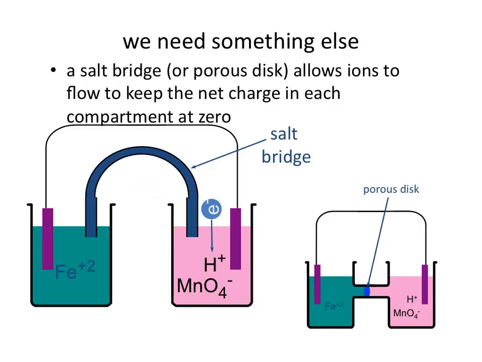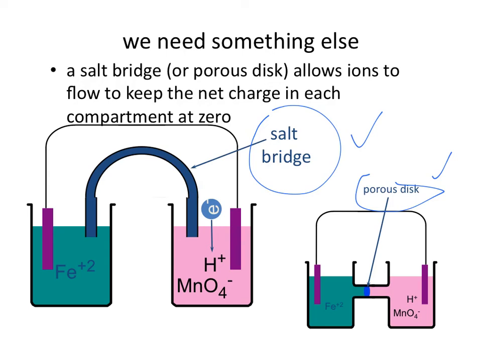So once again, a reminder about the salt bridge, or that porous disk. We need to make sure that we always add this to our description of the voltaic cell. We mentioned it on the last option, but make sure you're dictating if it's a salt bridge or a porous disk. Make sure that you're familiar with each of them and how they're different from one another, and basically understand why they're important.